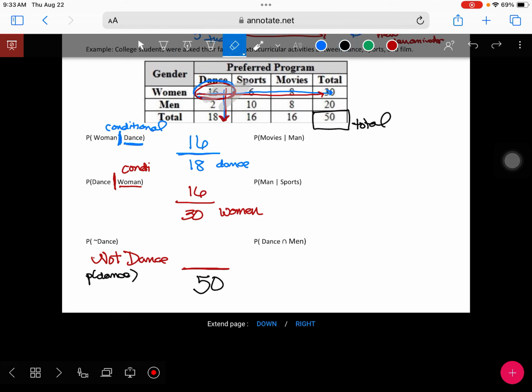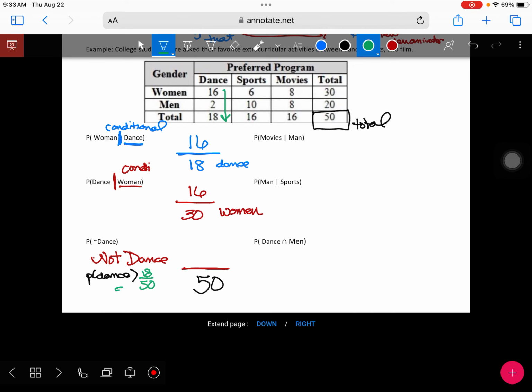So let me do some erasing here. Let's go to dance, which is 18. 18 out of 50 like to dance. Well, you either prefer dancing as your favorite sport or something to do, or you don't. So to find this, what would you do? Right.